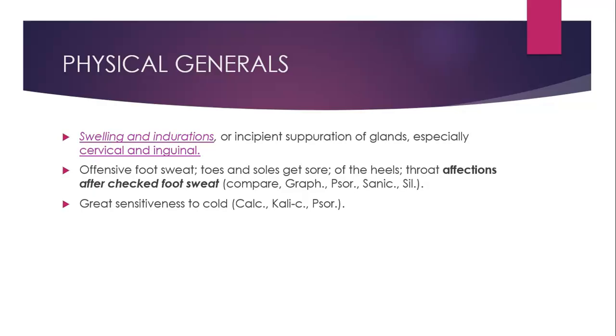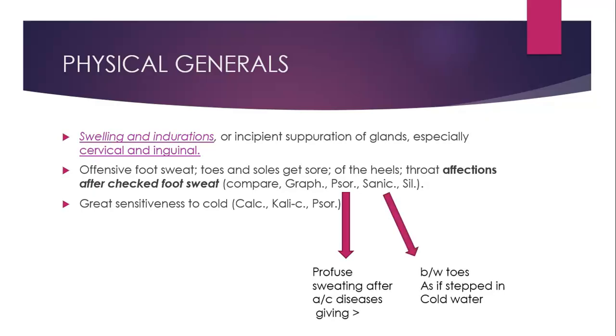You have some comparisons like Graphites, Psorinum, Sanicula and Silicea. Also again we have already discussed the sensitivity to cold. Okay, now in Psorinum you have profuse perspiration, but which actually gives amelioration. Okay, in Sanicula your toes show increased perspiration as if stepped in cold water, and in Silicea it's not only the feet, that is hand, toes, feet and axilla.